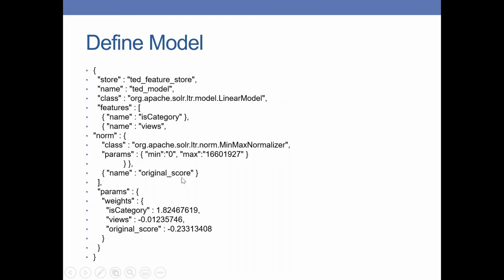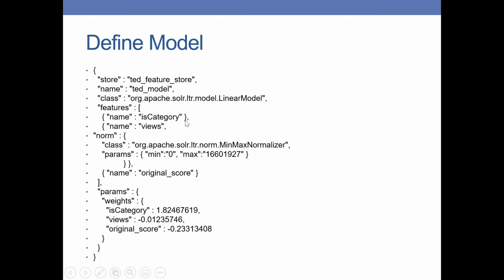This is how your model JSON file looks. You have to give the feature file name, the feature store name which this model will be using, then the model name and the class of the model. Here I'm using a linear model, so I've given the LTR linear model class, and along with that I'll pass all the features.